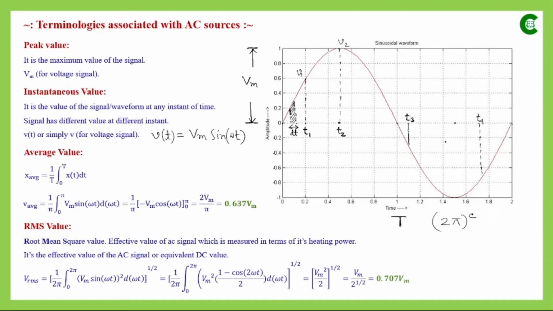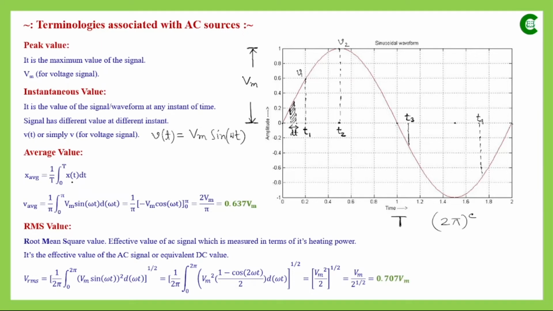That's why, when we calculate the average value for an AC signal, we only consider half of the time period. That's why in this expression we have considered only the time period from 0 to pi, and when we divide by the total time period, instead of 1 by 2 pi, it is only pi.